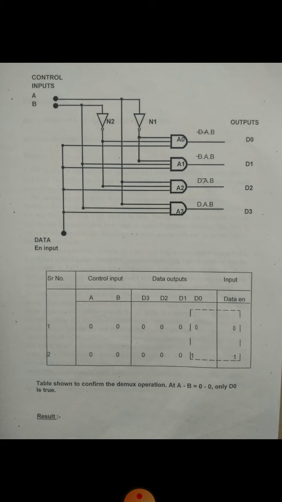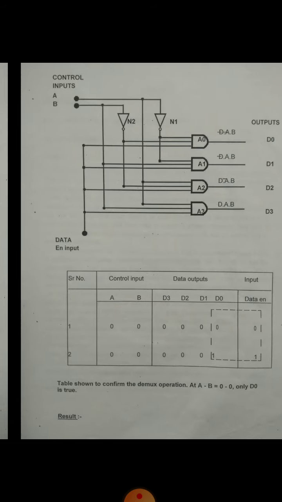Okay, if the data is present at data enable switch, then D naught will be high, otherwise it will be low. Similarly, for another combination 0 1, your D1 will be high or low according to your data enable.